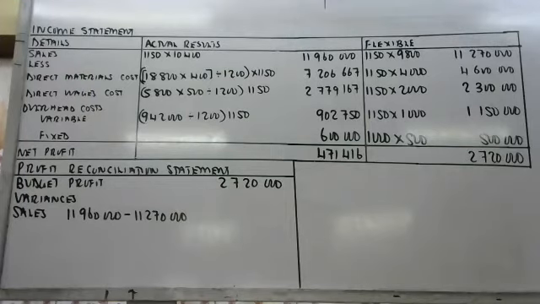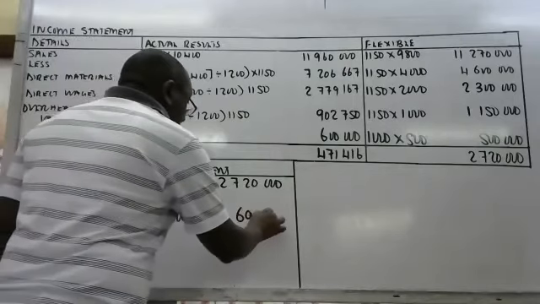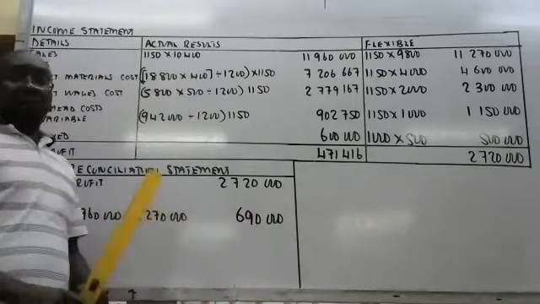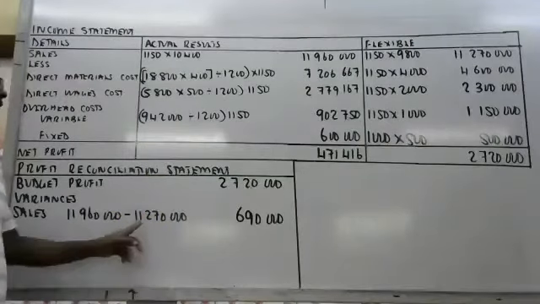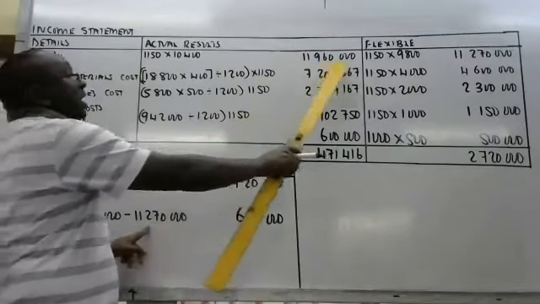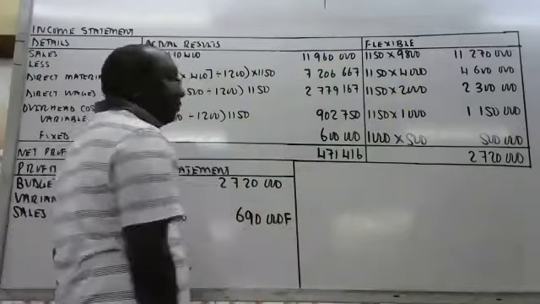So give me that figure. Oh, 690,000. Now this 690,000, because you can see the actual is bigger than the budget, that is favorable.